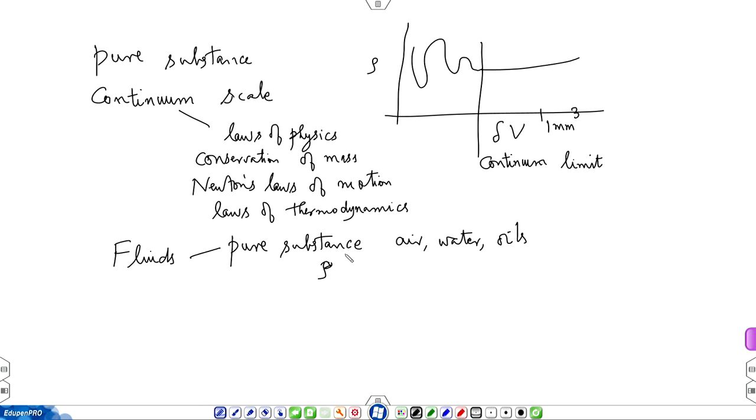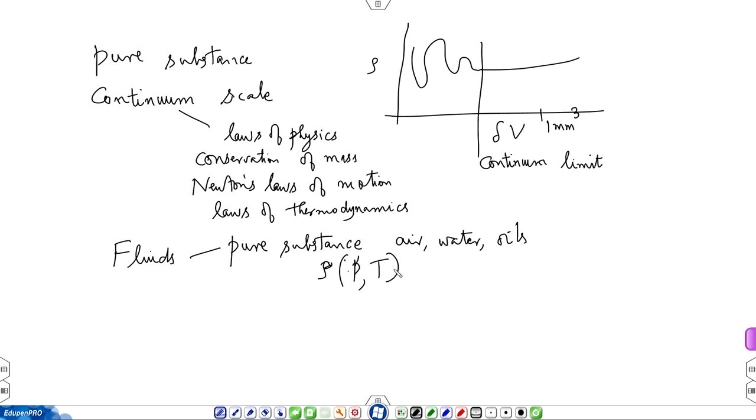So, if you read up books on thermodynamics, those books will tell you that a pure substance will be characterized by an internal pressure and temperature. If you have a chemically inhomogeneous medium, then the chemical composition changes from point to point. If it is chemically homogeneous, then this pure substance will have an internal pressure and temperature.